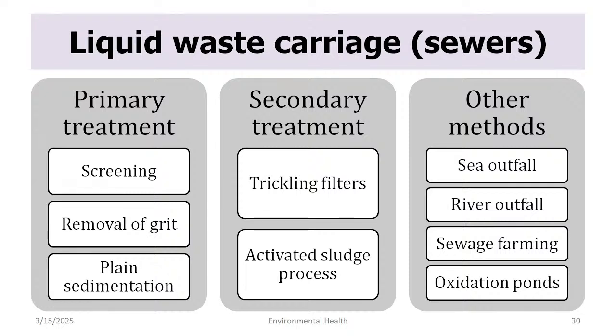Oxidation pond: if you take a train from Bhopal and go towards, I guess, Itarsi, after Itarsi there are 2 or 3 oxidation ponds. Oxidation ponds are simple open areas, simple methods of sunlight related oxidation. The sewer liquid waste gets oxidized and treated and converted into non-toxic water. That's what we can say.